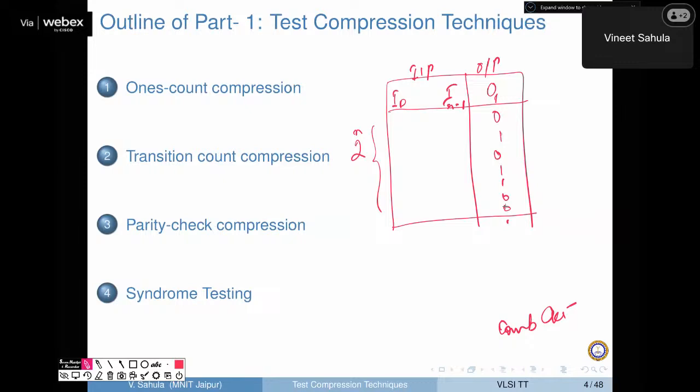And the compression means when we have the kind of scan based application, and if I apply all these inputs, I will get this sequence generated. So what I will do, instead of storing 2 to the power n numbers, I will compress this pattern, which is 0, 1, 0, 1, 1, 0, 0, whatever.